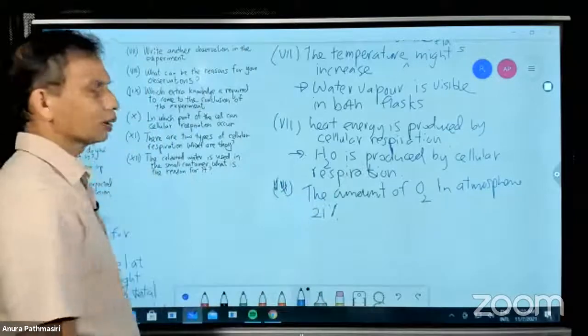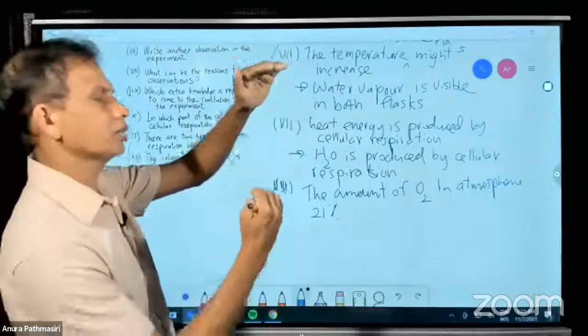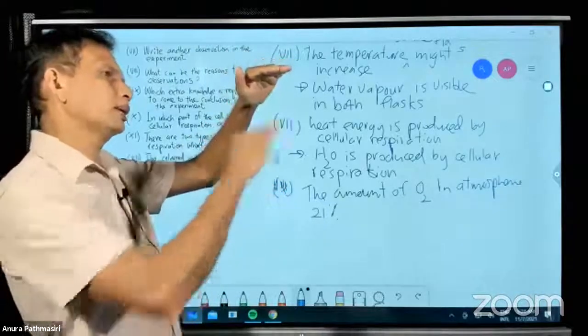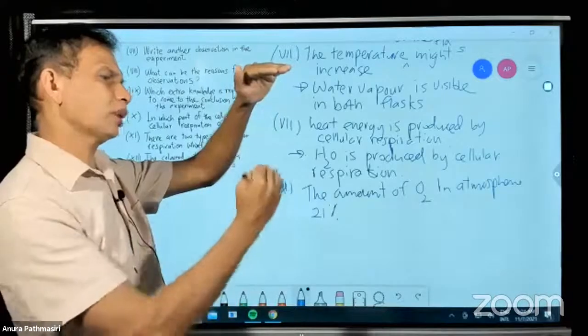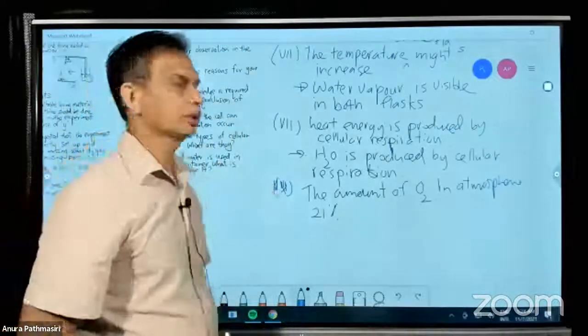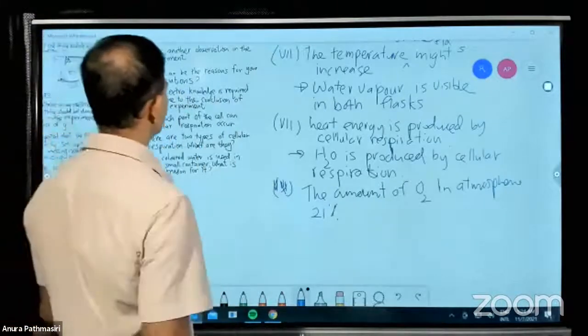Without that knowledge, you can't come to the conclusion because the height of the water column is risen by 1/5, right? So the total height is divided into 5 equal parts, and one part is risen up by taking the oxygen, removed oxygen.